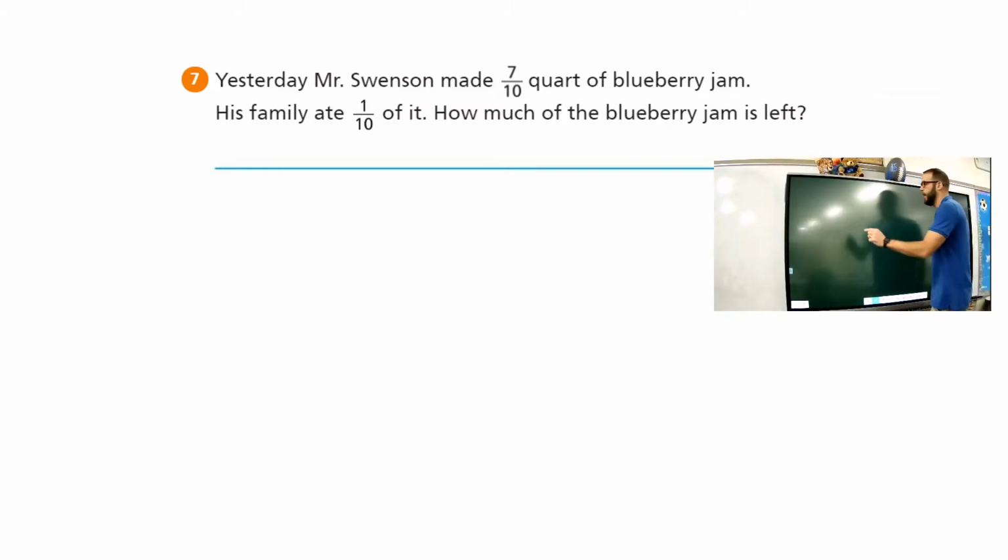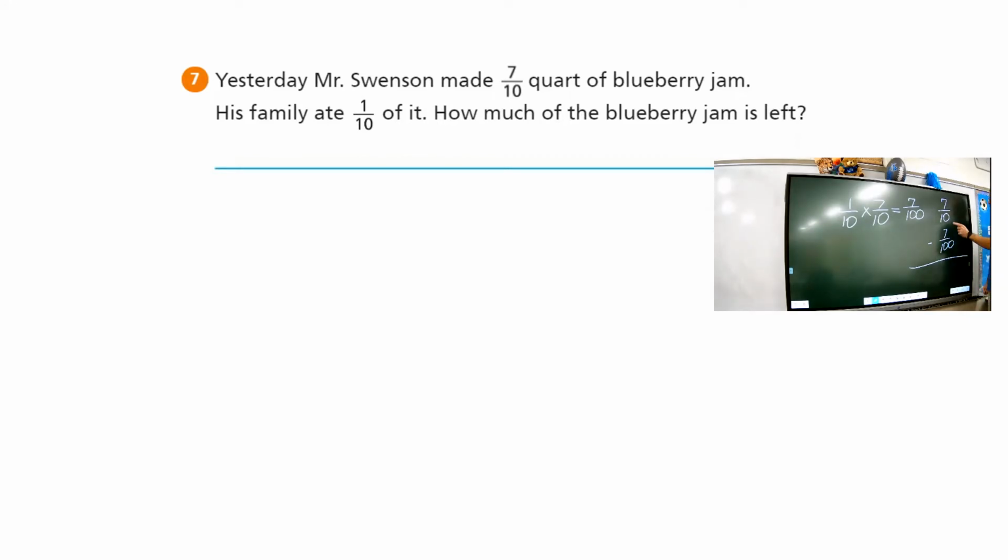Or you could just say 1/10 of means multiply, 7/10 equals, and I cannot reduce anywhere here, so I get 7/100ths, but that's only how much we ate. So if I had 7/10 and we ate 7/100ths, we want to figure out what's left.